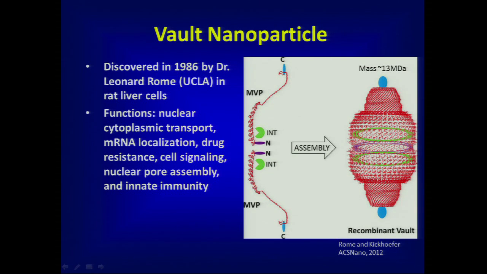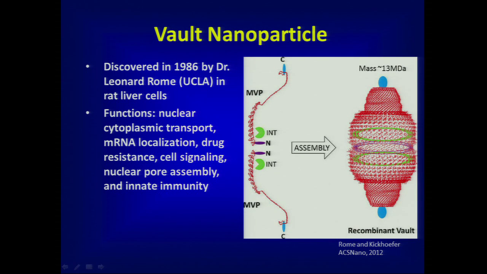Within the N terminus, there's a domain called the interaction domain, or the INT domain. The INT domain is important because that's how we're going to package our nanoparticles with our compounds or proteins of interest. The C terminus of our protein is also very important, because it has a Z domain. The Z domain is a non-specific Fc binding domain that we'll talk about a little later, after we talk a little more about the Vault particle.